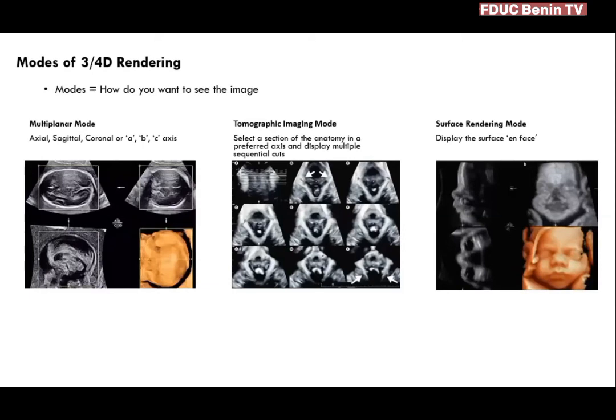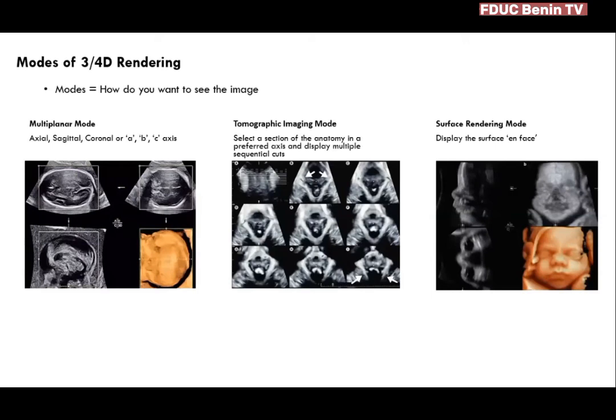In a multi-planar mode, this means that from the primary image in the A-axis, we can derive a B-axis image and a C-axis image. Now, note that the machine doesn't know if it is axial, sagittal, or coronal.